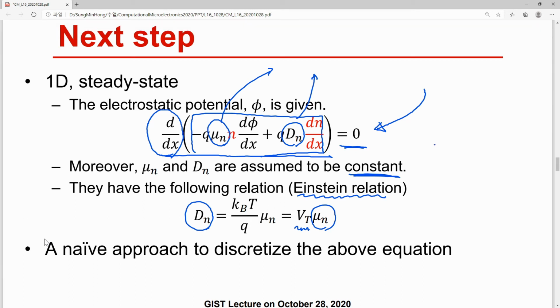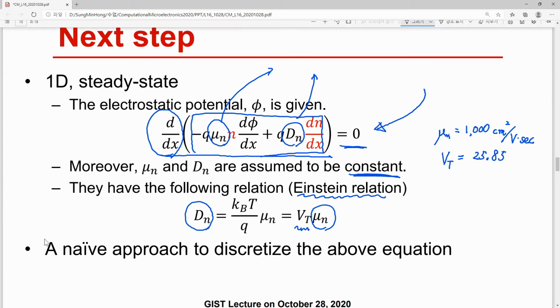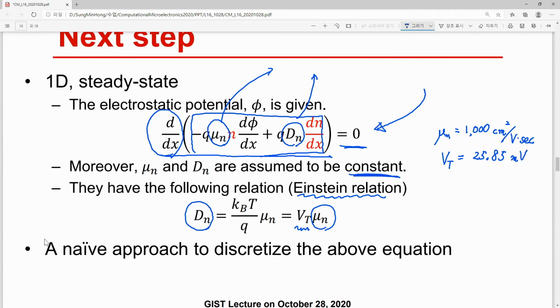If your mobility is given by 1000 square centimeter per volt second, and let's assume that your thermal voltage is just given by 25.85 millivolt, then according to this Einstein relation, your D sub n will be given as 25.85 square centimeter per second.